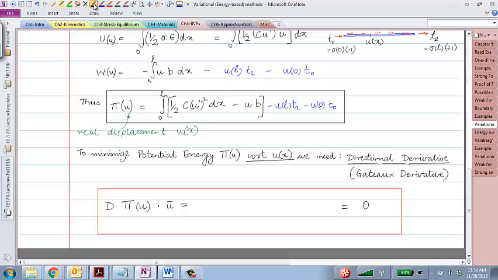The way we do that is to go by the definition of the directional derivative: take the derivative with respect to epsilon of pi of u plus epsilon u bar. Take the derivative first, and after taking the derivative, set epsilon equal to 0. That was the definition for taking the directional derivative.